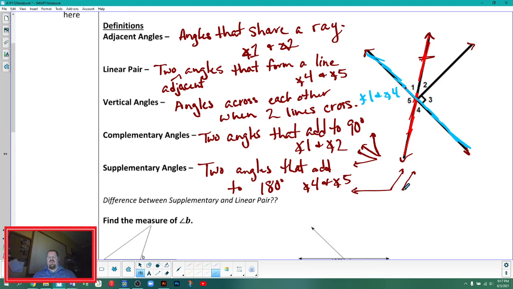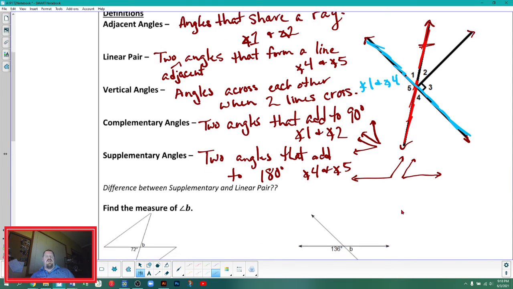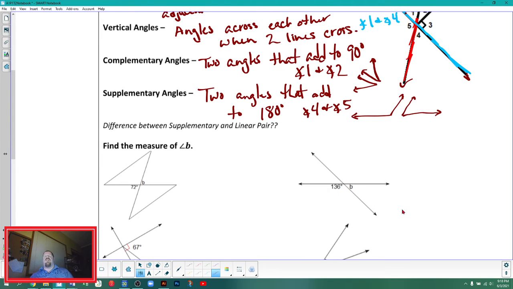And another angle that looks like this, if they added up to 180 degrees, then you could argue that they're supplementary angles, but they're not a linear pair because they're not adjacent. Sure, you could make them adjacent, then they would be, but that's the only possible difference.